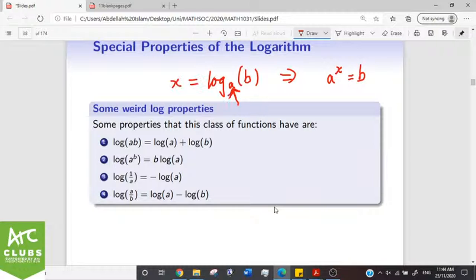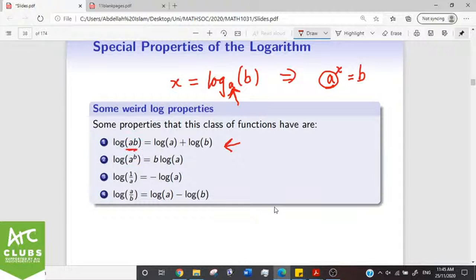So this base is important because it'll kind of define what this value here is. But as you can see here, we haven't actually given a base. That's because no matter what base you choose, all of these things work the same. So all bases kind of just act equivalently, like there's no difference between them.